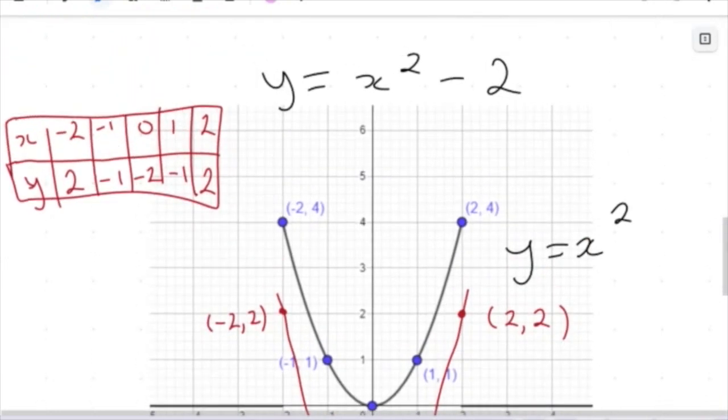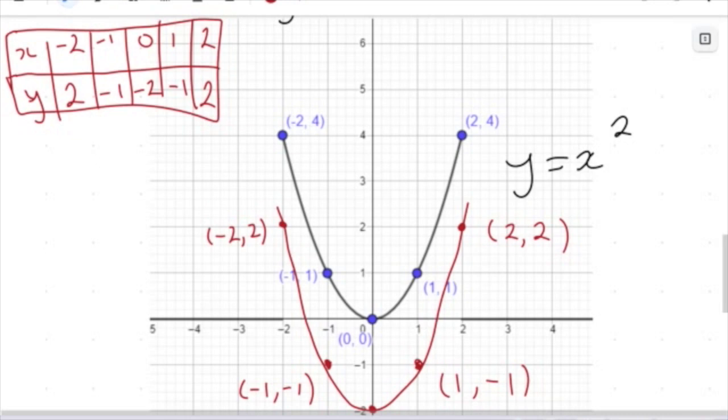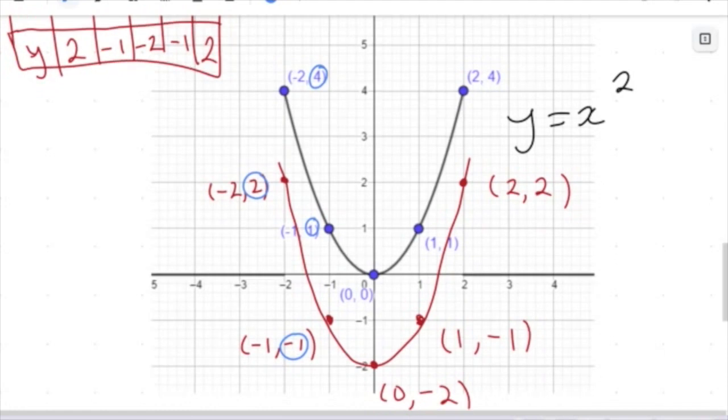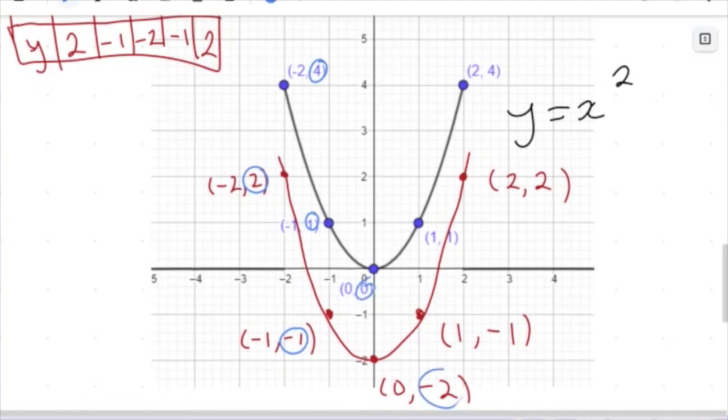Now, looking at the numbers again, I can see that I have 4, and that point on my newly transformed parabola goes down to 2. 1 goes down to -1, 0 goes down to -2, 1 goes down to -1, 4 goes down to 2. Do you notice something interesting happening here? Do we notice a pattern, a common difference between all of these points?